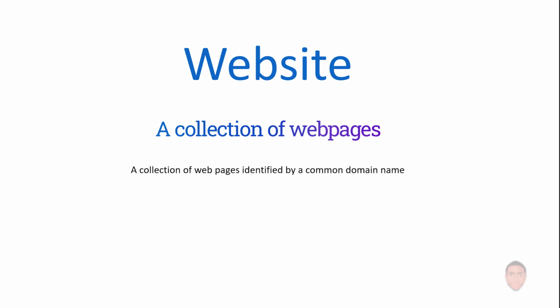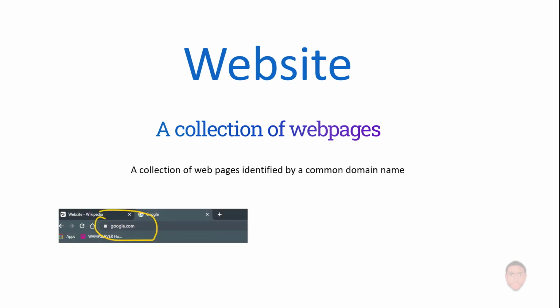Now, a website can be identified by a common domain name. You wonder what a domain name is. A domain name is simply that thing you open up your browser to type. For example, you can decide to go to Google, and then you open up your browser and type google.com.